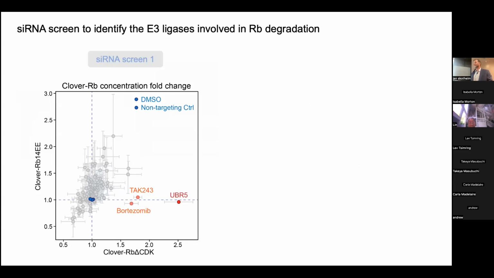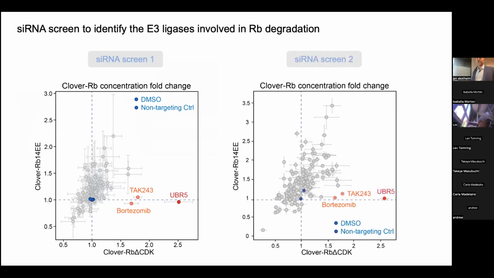So this is our hit. These other compounds inhibit the proteasome, and so these are positive controls for our assay. And everything else is kind of not there. So we found UBR5, added UBR5 to the second library, did the same thing again, and again found only UBR5. So this is now getting us somewhere.